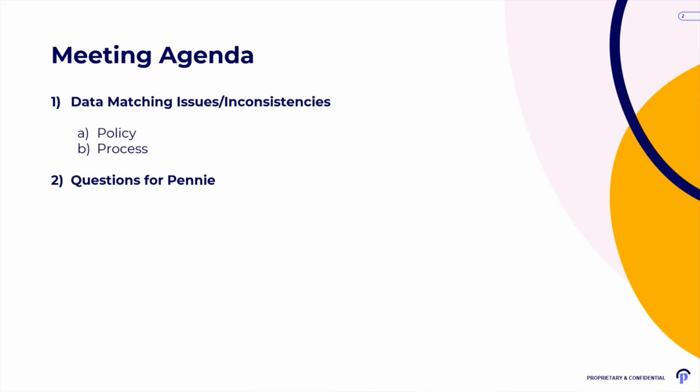Just to provide you with an agenda of what we're going to be covering: data matching issues and inconsistencies. First, we're going to take a look at the policy. If you would, please make sure that you do mute yourself. We are also going to be looking at the process of how you can help customers with those data matching issues. And then we'll have questions towards the end.